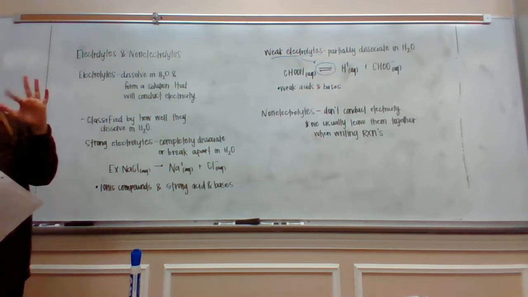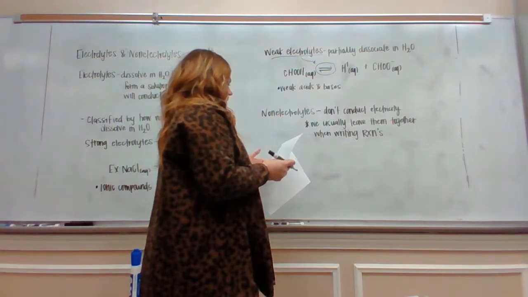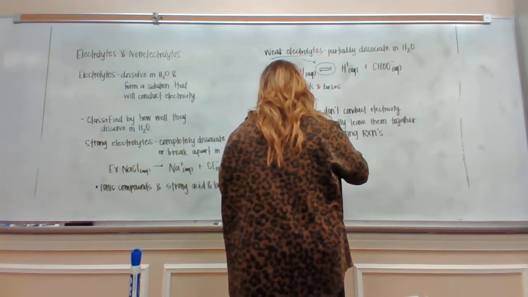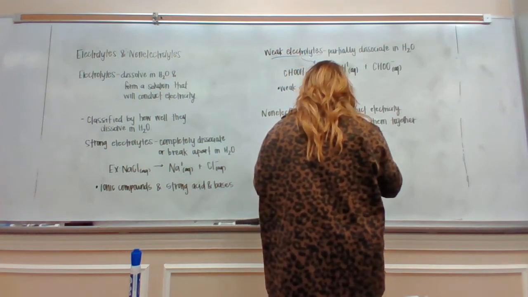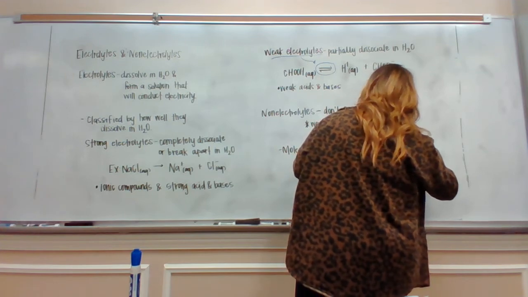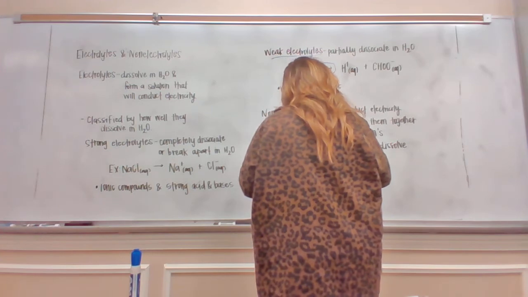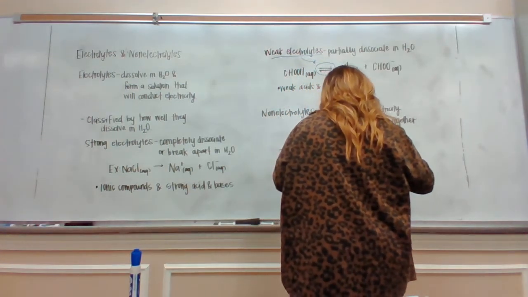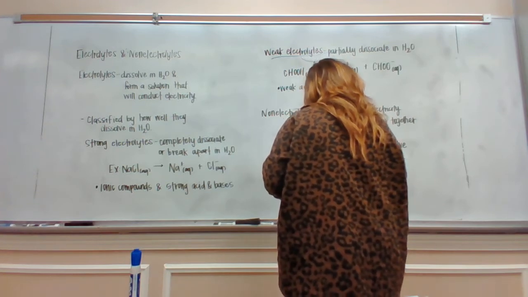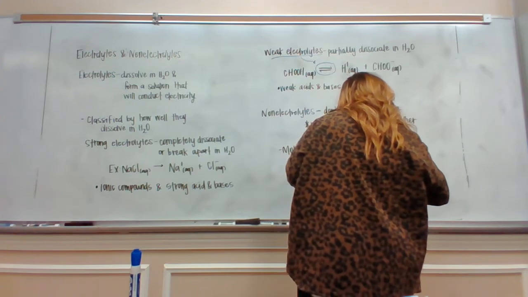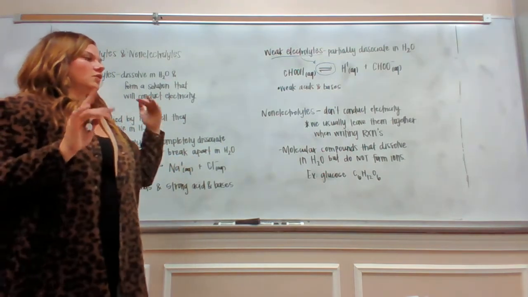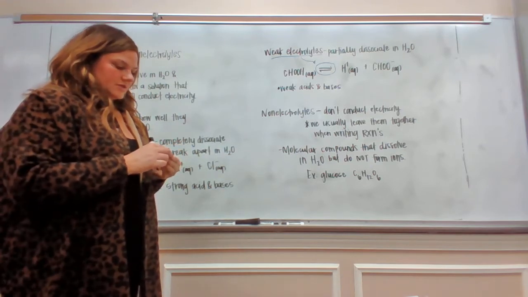We don't break it up into its corresponding elements. Another way to define a non-electrolyte is it's a molecular compound that will dissolve in water, but it won't form ions. An example is glucose, C6H12O6.